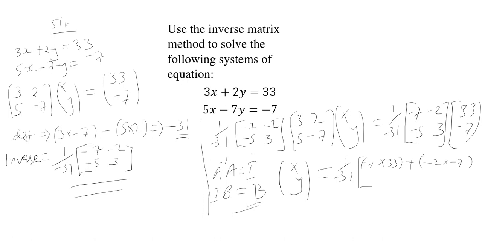Then the second element will be formed by negative 5 times 33 plus 3 times negative 7.